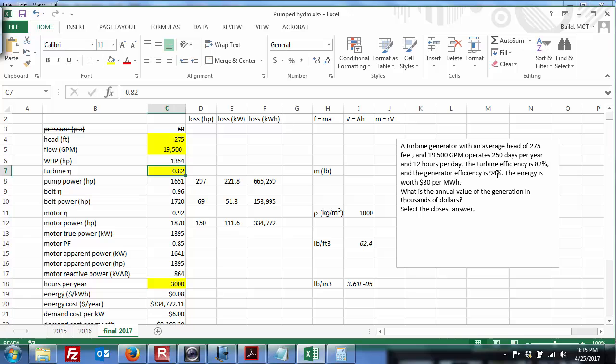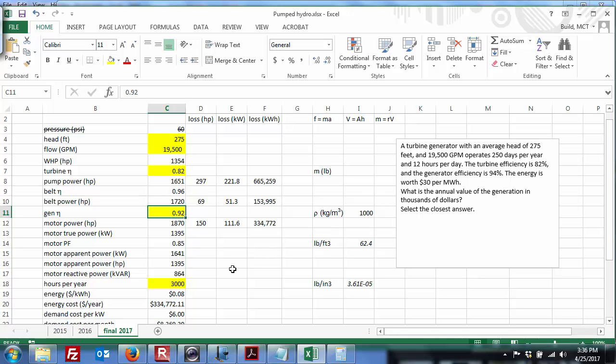The generator efficiency is 94. So let's just turn the motor into the generator. The energy is worth $30 per megawatt hour.